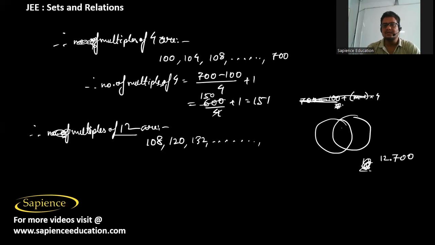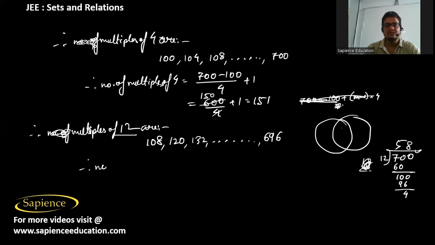If we divide 700 by 12, 12 fives are 60, 12 sixes are 72, 12 eights are 96, so we have to subtract 4. So it is 696. So it will go till 696.